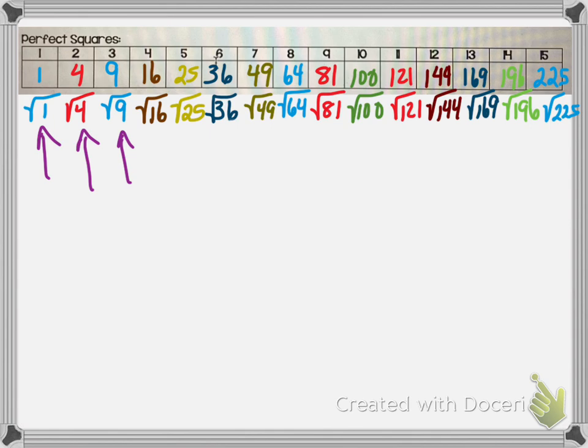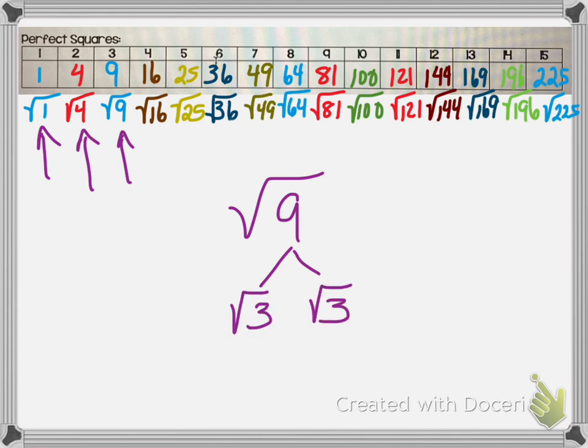What I mean is, radical 9 is the same thing as radical 3 times radical 3. Since there are 2 radical 3's there, they come out as a 3. So radical 9 is the exact same thing as 3. That's where we get perfect squares. 121 is a perfect square that's 11, and so on. We'll refer back to this list in a minute.